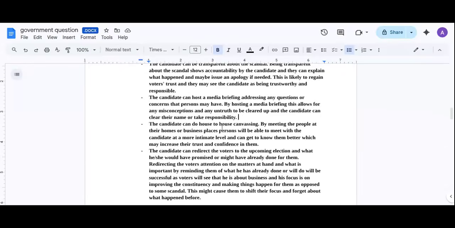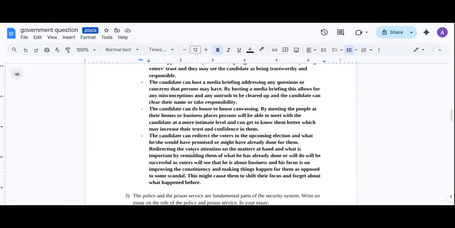The candidate can do house-to-house canvassing. By meeting the people at their homes or business places, persons will be able to meet with the candidate at a more intimate level and can get to know them better, which may increase their trust and confidence in them. And lastly, the candidate can redirect the voters to the upcoming election and what he or she would have promised or might have already done for them.